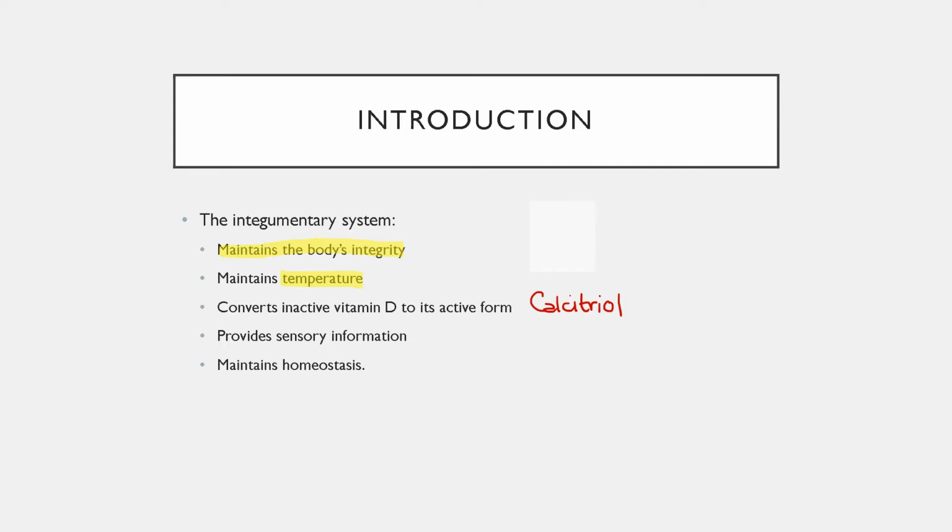It also detects cutaneous sensations or sensory information coming into the skin. And it also helps to maintain homeostasis, things like storing blood, excreting and absorbing substances, that kind of thing.